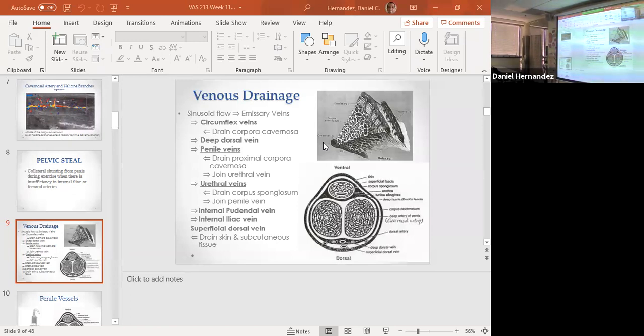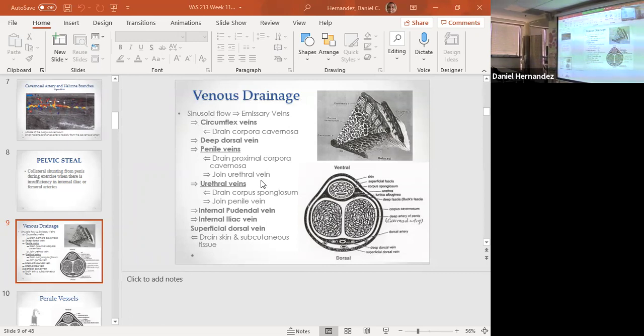So if we have blood flow going in, we also have to have drainage of the tissue as well. Blood flow is going to exit those sinoids, the spongy tissue where the blood is collecting from the artery flow, and empty into emissary veins, which drain into the circumflex veins, and this drains the corpora cavernosa. We also have the deep dorsal vein, as well as the penile veins.